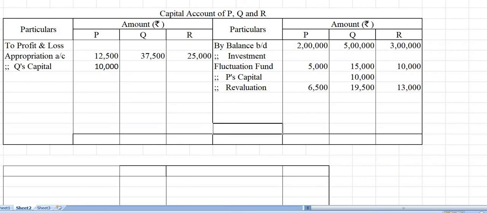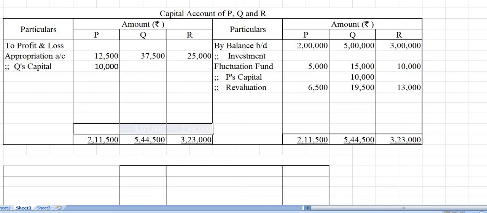So the journal entries are over. We will get the credit side total 2,11,500 for P, and Q 5,44,500 and for R 3,23,000. So same amount will be transferred to the debit side, and we'll see the balances.